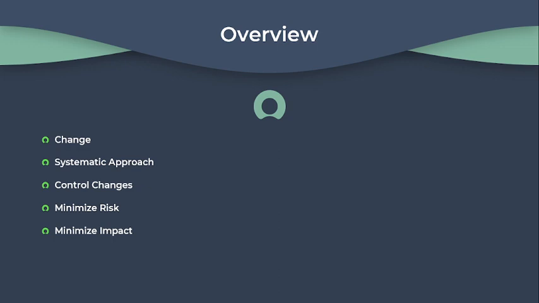Overall, ServiceNow change management provides a comprehensive framework for organizations to effectively manage changes, ensuring they are implemented in a controlled manner to minimize risk and impact on IT services and business operations.